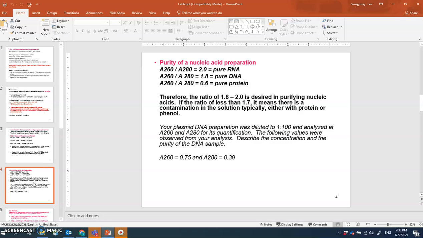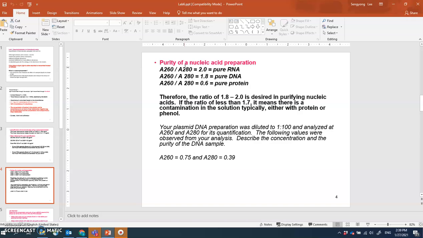And then the ratio between the 260 absorbance reading and the 280 absorbance reading, the absorbance reading at 260 divided by the absorbance reading done at 280, the ratio gives an idea whether your DNA or RNA or protein samples are pure or not.